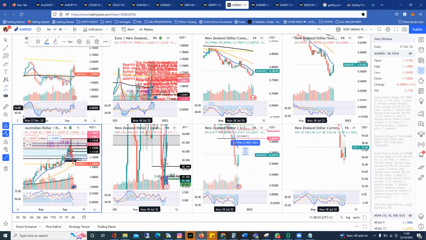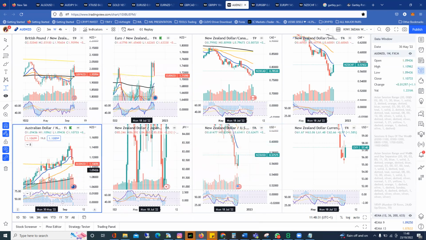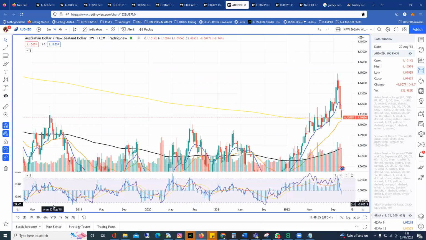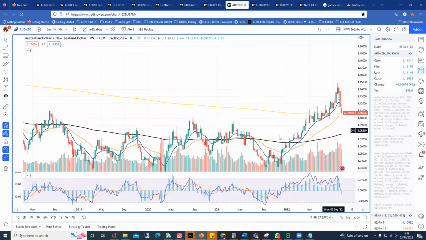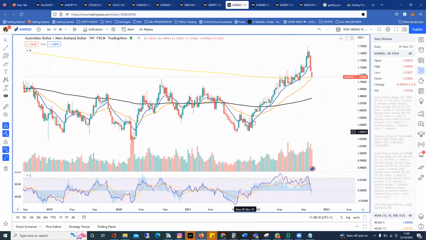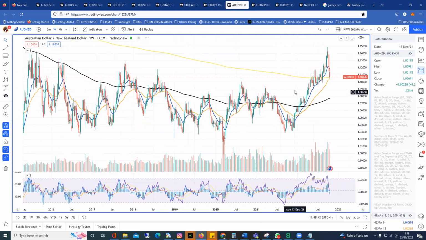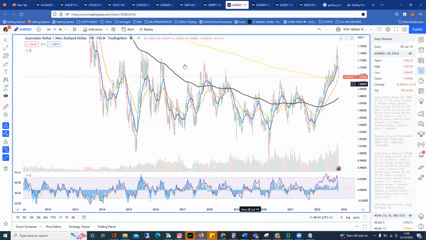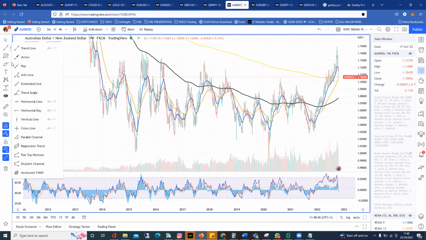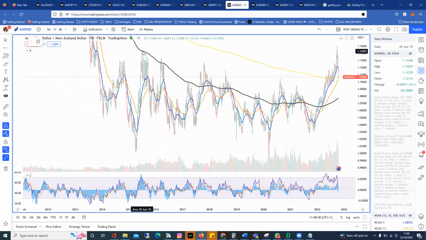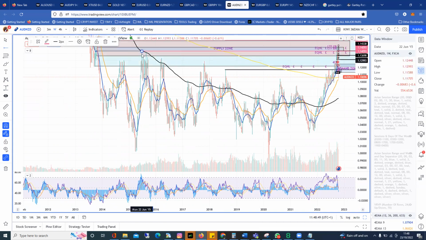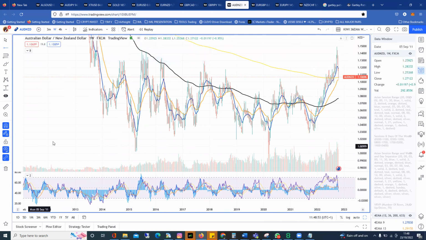Okay. And in line with the trend, Aussie New Zealand, this is the one that I'm thinking of as well. So Aussie New Zealand, we have continued to move up, we break multiple structure on the high side. Let's look at this last level, which obviously we break as well. Let me just hide things.